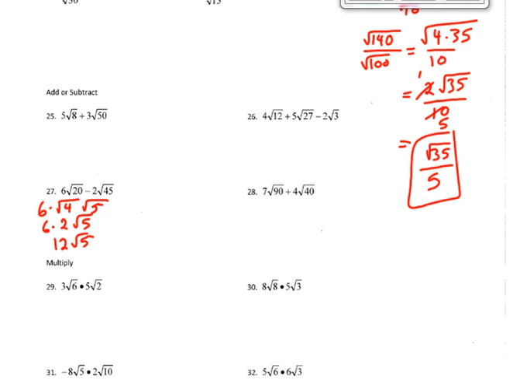And then I continue with the minus 2 square root of 45. I want to break that down into 2 numbers, one being a perfect square. And again, 45 is 9 times 5, so the square root of 9 is our perfect square. So I get 2 times the square root of 9 is 3 times the square root of 5, which gives me 2 times 3 is 6 times the square root of 5, not 3.